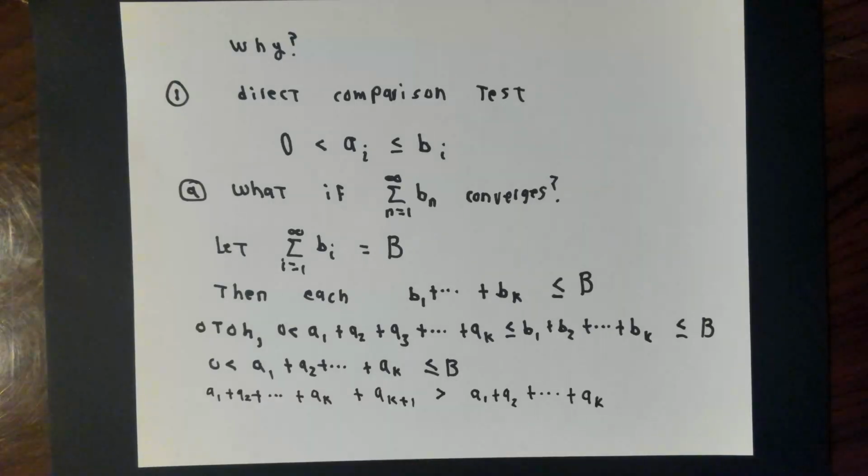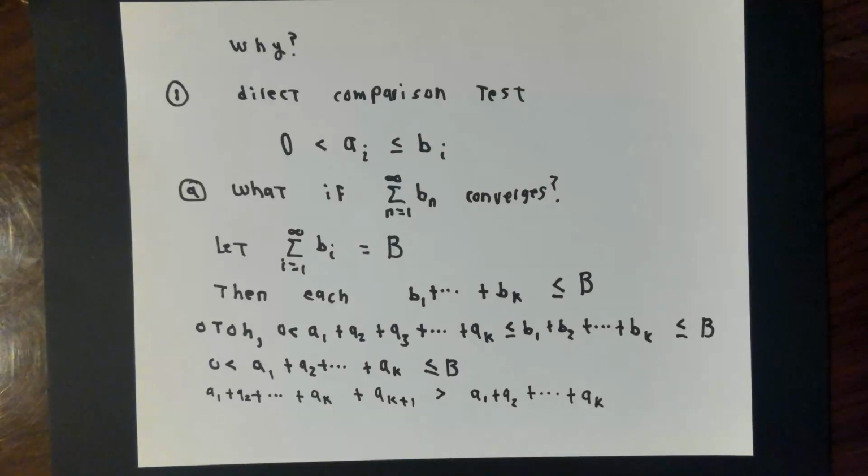But there's more to it than that. The A numbers being positive means if I were to add up A1 through AK and then continue to add in A number K plus 1, so I'm getting partial sum number K plus 1 of the A series, because A number K plus 1 is positive, this must be bigger than A1 plus A2 out to AK.